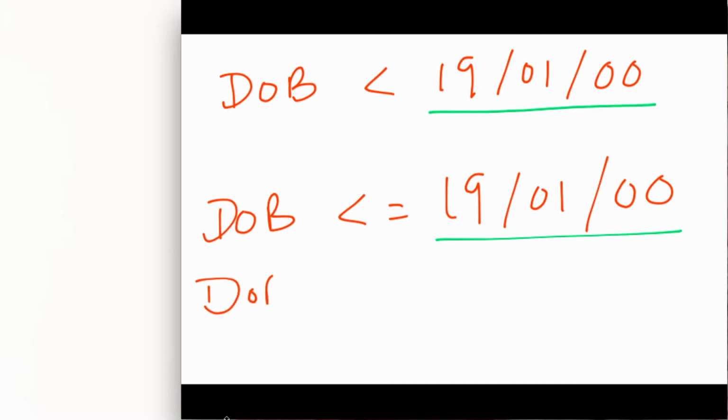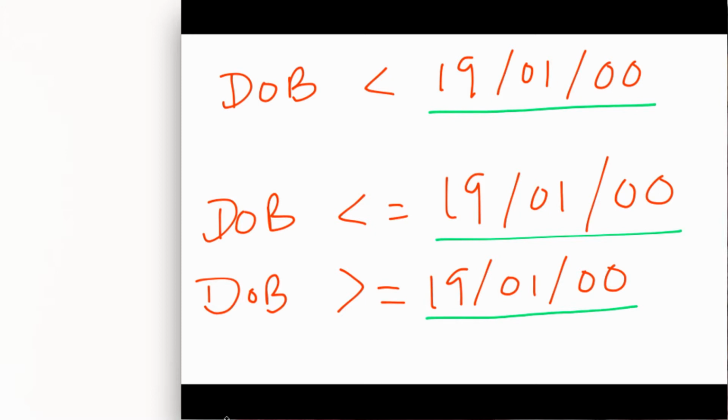So date of birth greater than or equal to 19th of the 1st, 00 would bring this result up, but if I use the more than symbol, it would not. It would only find ones that are more than 19th of January 2000. So there we've just covered operators, but I also want to talk in this video about data types.